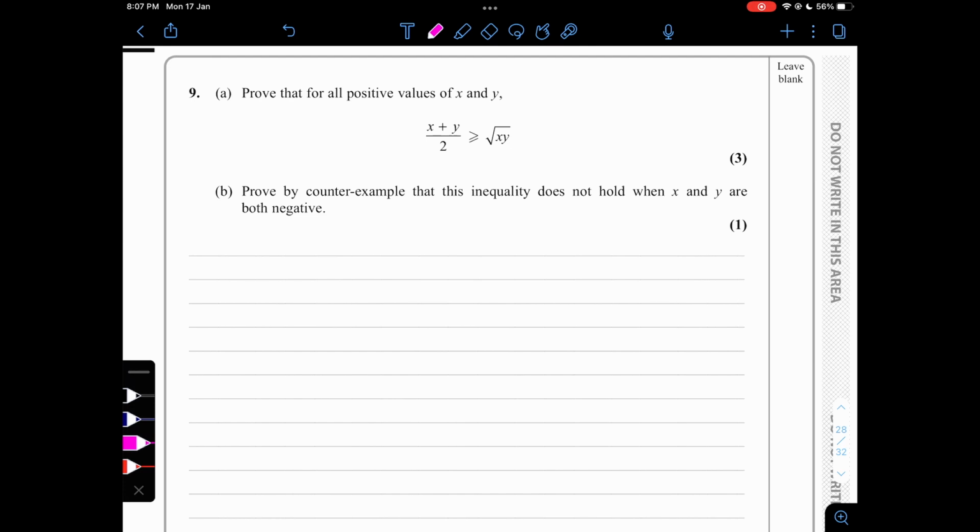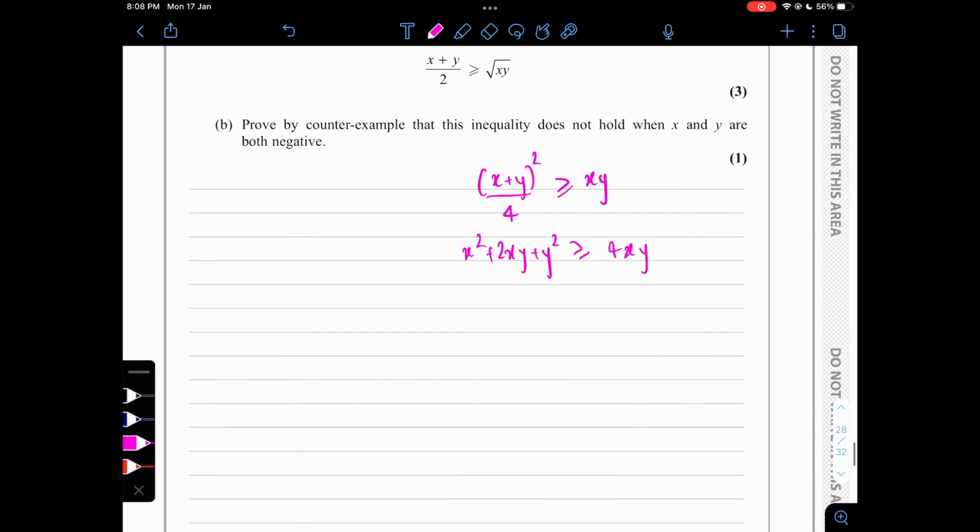So now let's expand. Let's just see how we get. Let's bring the square root on the other side. So you will get x plus y whole squared over 4, right? 2 squared is 4. Is greater than or equal to xy, right? Let's expand everything. So that will be x squared plus 2xy plus y squared is greater than or equal to 4xy. Okay, so now what?